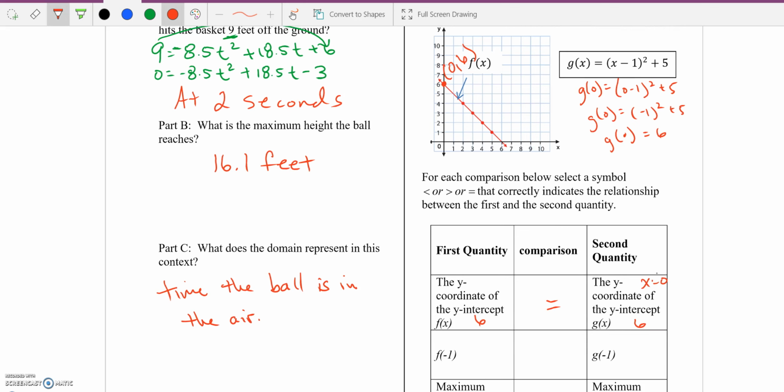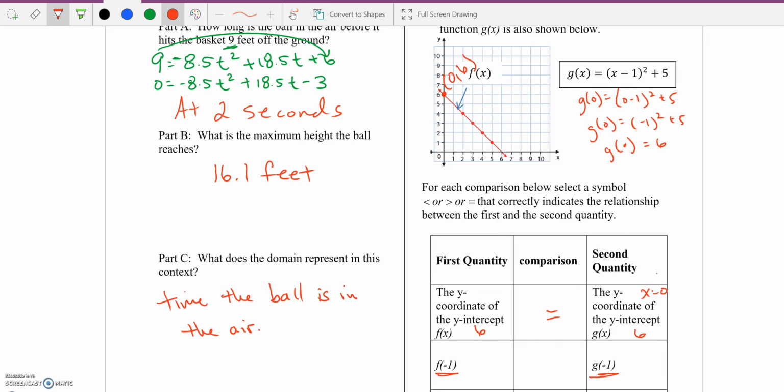The second one, f of negative 1 and g of negative 1. That means what is the y value of the function when x is negative 1? So for my graph, when x is negative 1, if I follow my graph up, it's going to cross at 7.